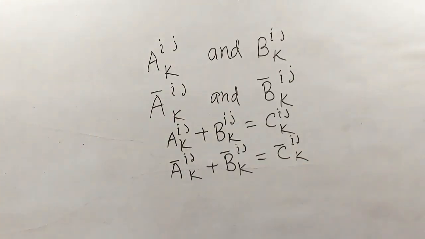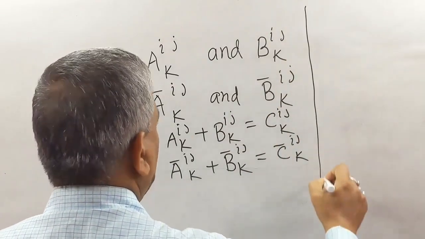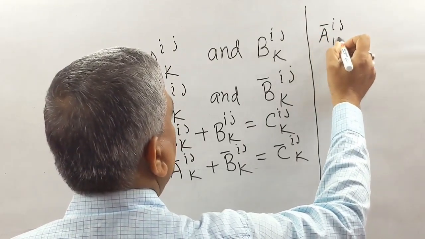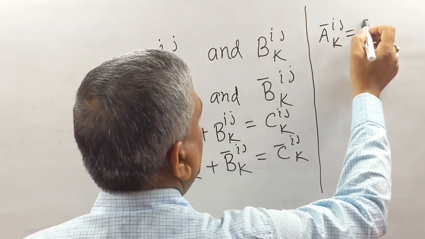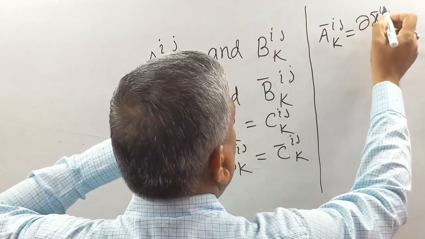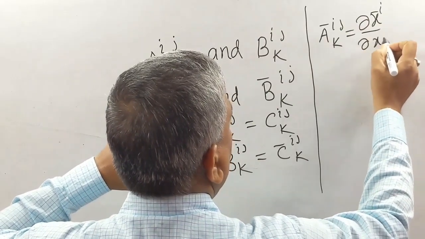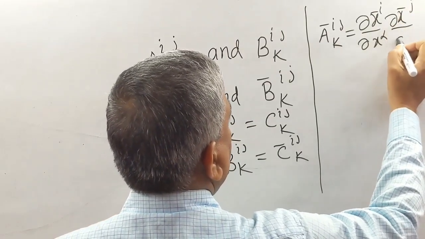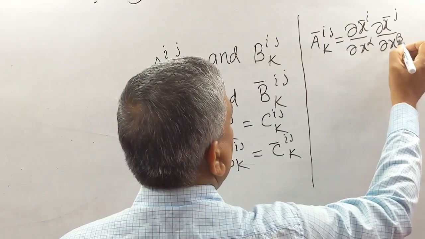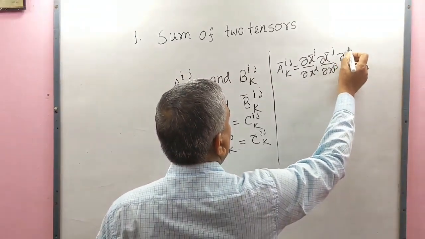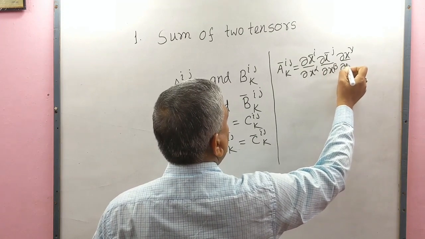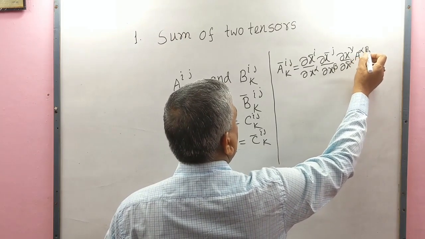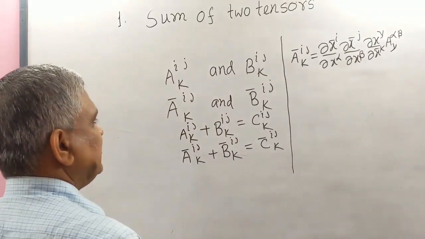According to the tensor law of transformation, we know that A bar ijk equals del x bar i by del x alpha, del x bar j by del x beta, del x gamma by del x bar k, A alpha beta gamma.